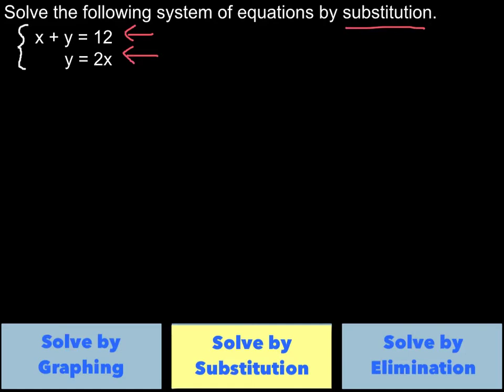You want to solve for one of the variables, and you use that as your substitution rule. I typically don't use this method unless it's a problem like this, where one of the letters is already isolated on one side, so it's really easy. This is my substitution.